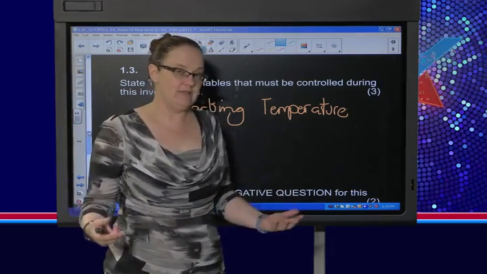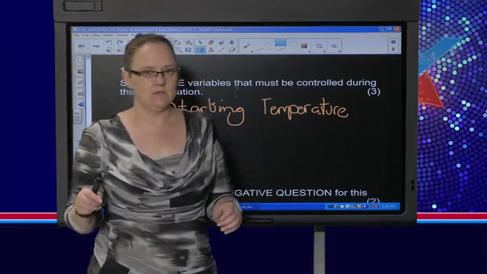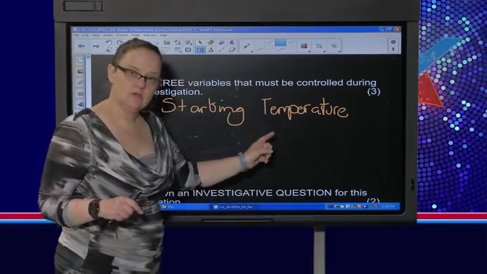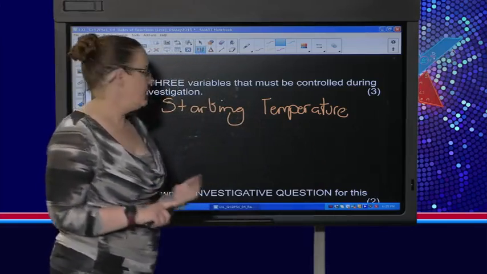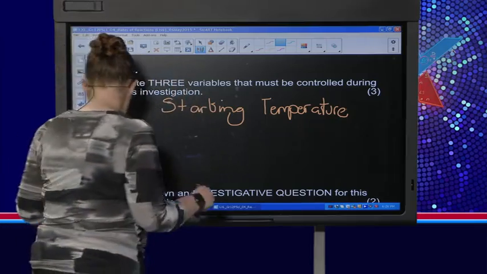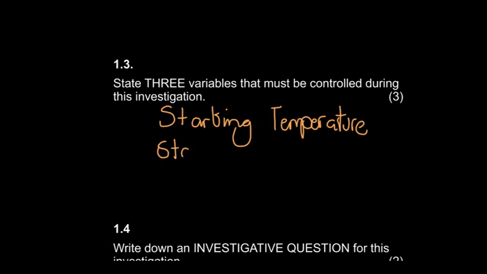The amount of heat given off is going to be determined by how much stuff we start with. But how fast it gets there is determined by starting temperature. So I must keep starting temperature the same. I changed concentration. The third thing I need to keep the same is the state of division of the ion.